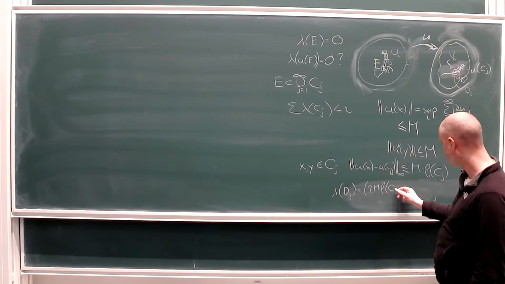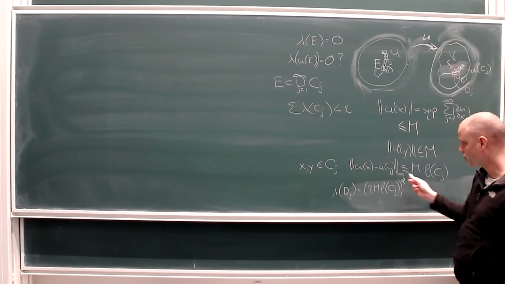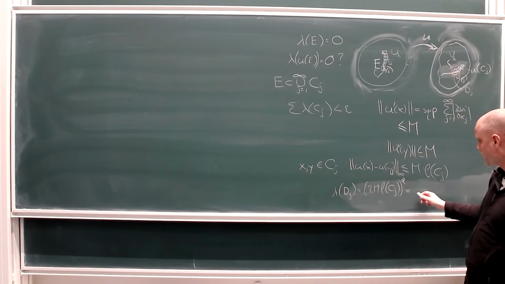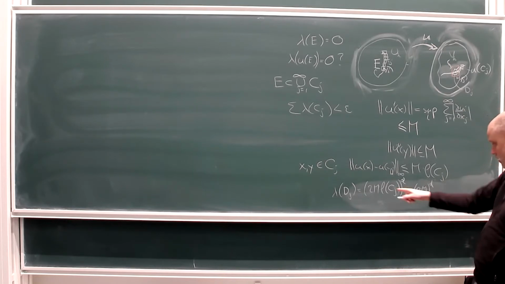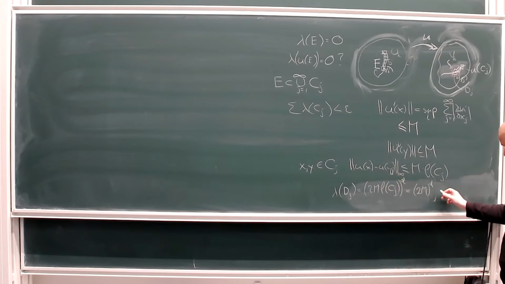So this is the side length of the box D_J, and then I raise that to the power of d. And then I get some constant here, just 2 times m to the power of d. And then the length of the box to the power of d, that's just the Lebesgue measure of the box, right? So here's a fixed constant.